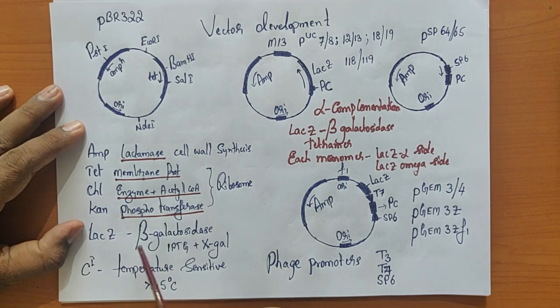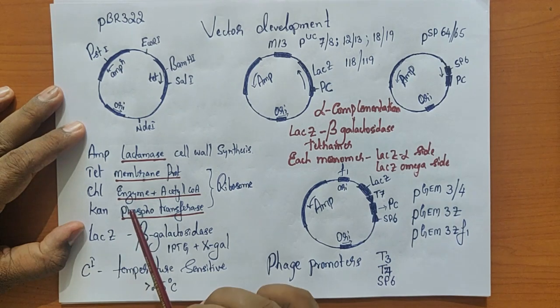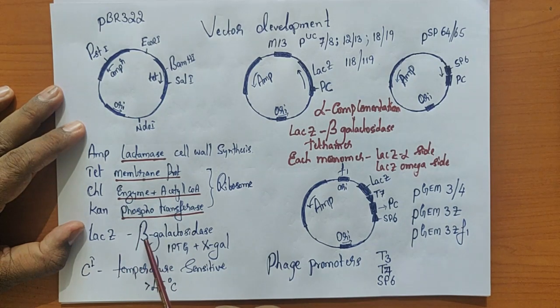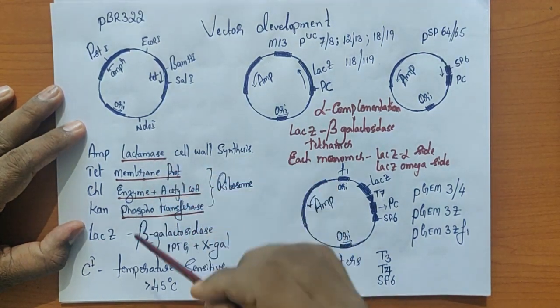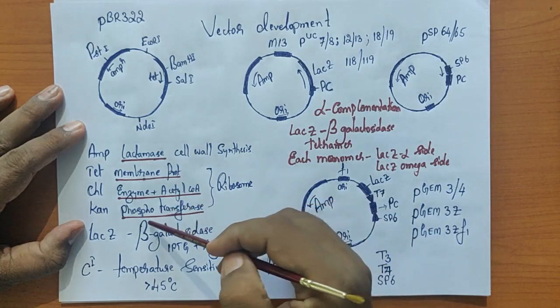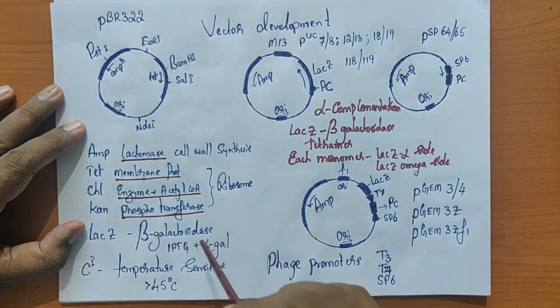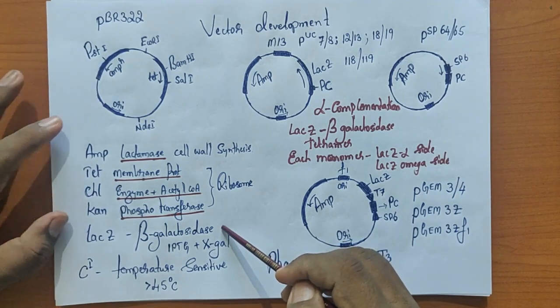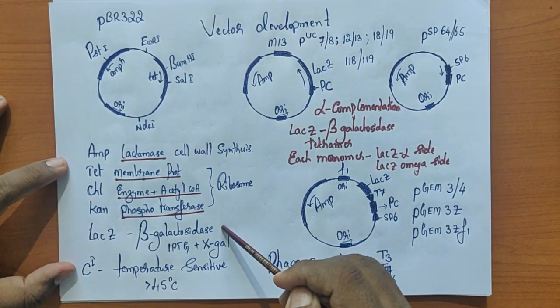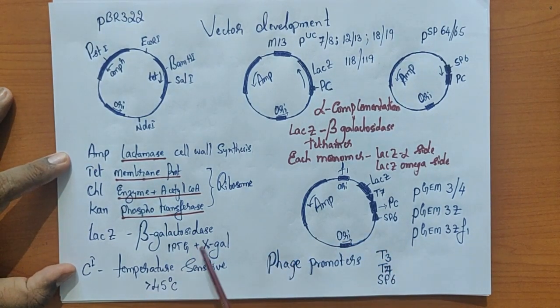So what happens, beta-galactosidase enzyme hydrolyzes galactose. That means when there is an elevated concentration of galactose, then only the beta-galactosidase enzyme is going to be produced, unlike these genes. Here, immediately when it enters into the system, these proteins are going to be synthesized, whereas the advantage of lacZ is that whenever we want, we can induce the gene expression.